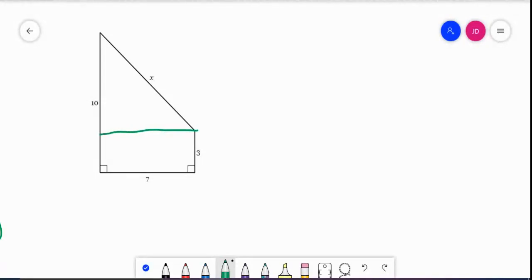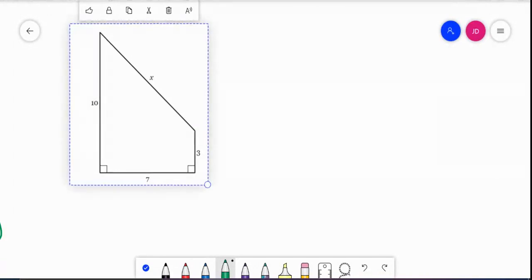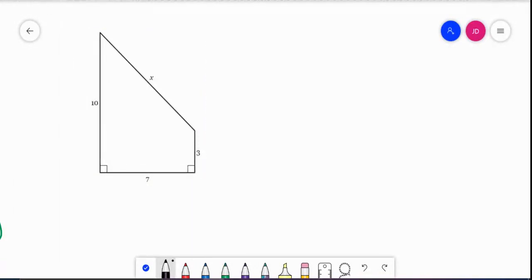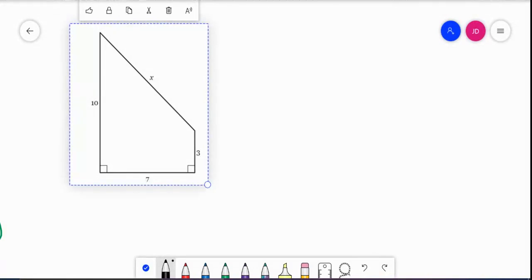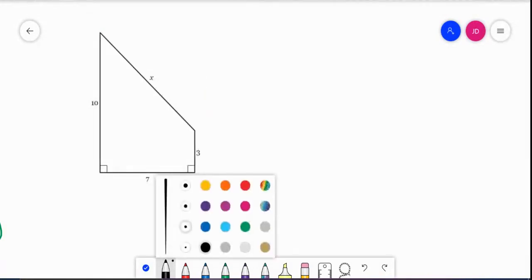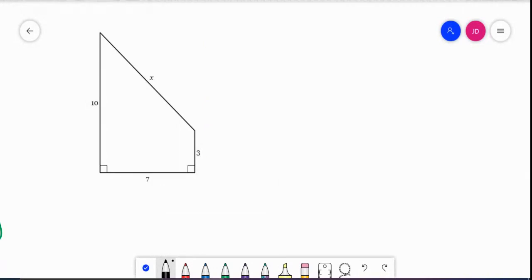It's hard to draw a straight line on this. A rectangle. Let me do a little bit better than that. One more time. All right, that's the best I'm getting here. So there is my rectangle.